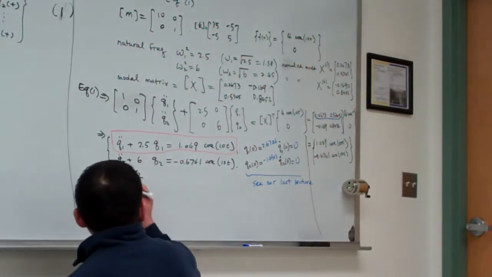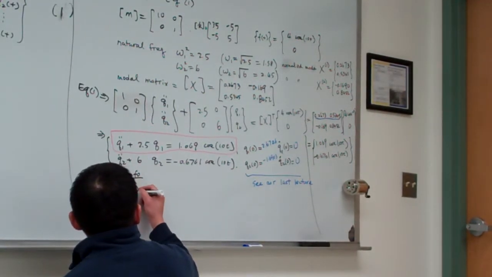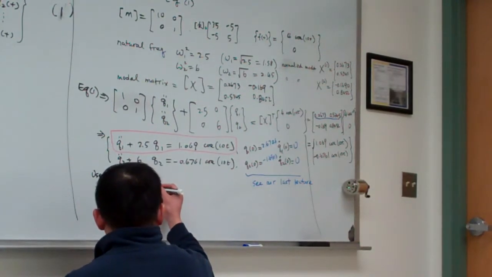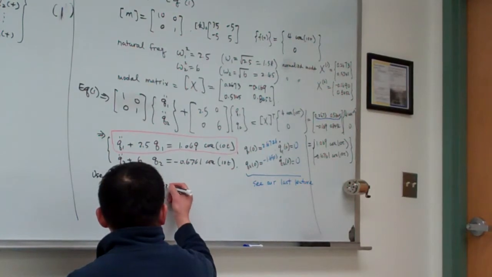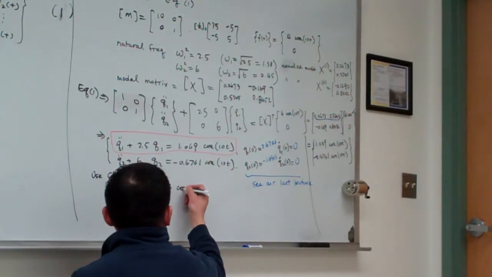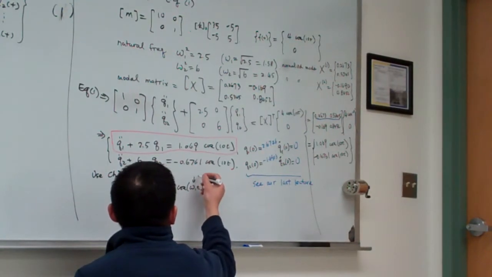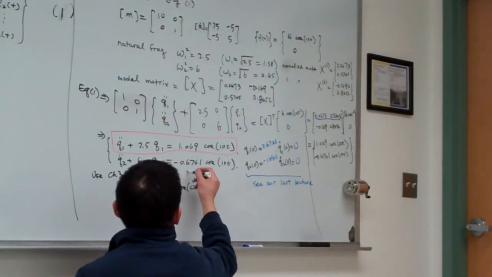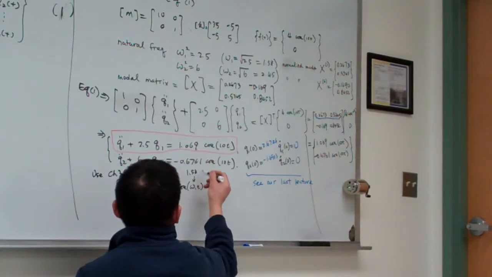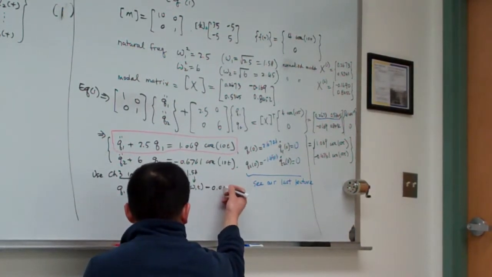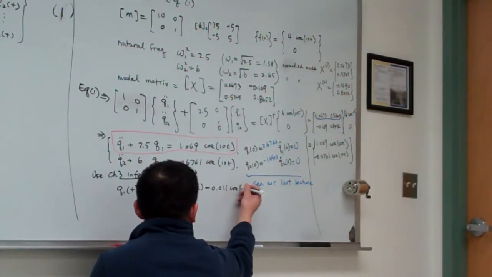So here we can solve for Q1(t) equal to 2.6836 cosine omega 1 t, where omega 1 is 1.58, plus 0.011 cosine 10t. I'm just using the symbol not to cause any confusion.